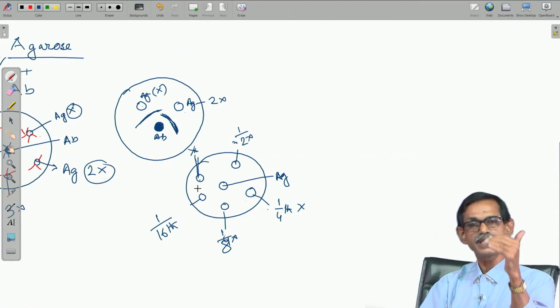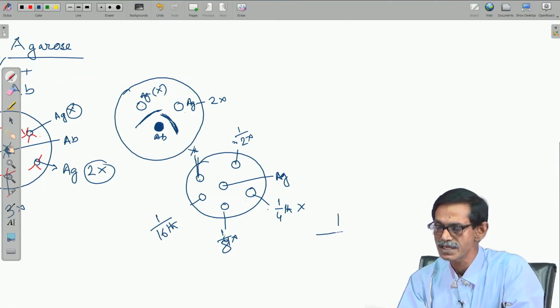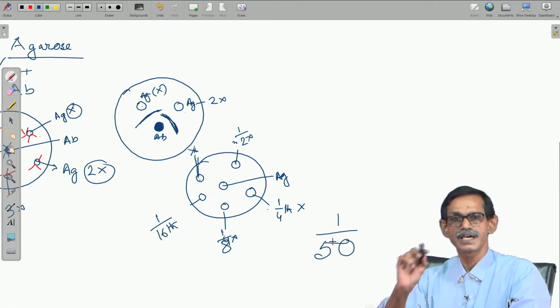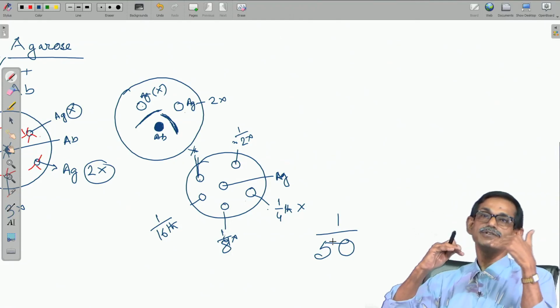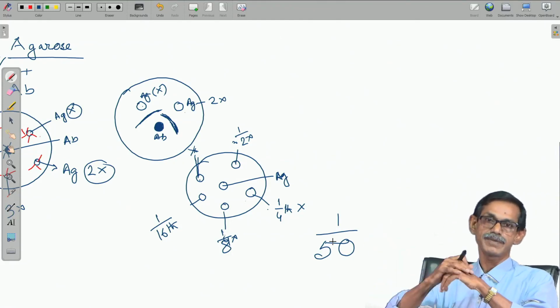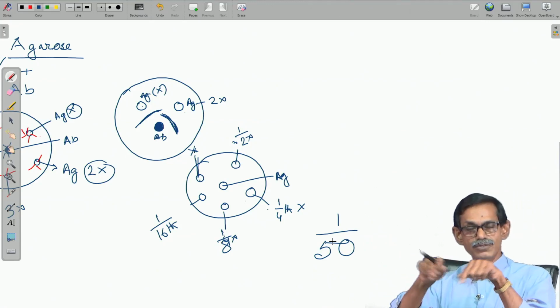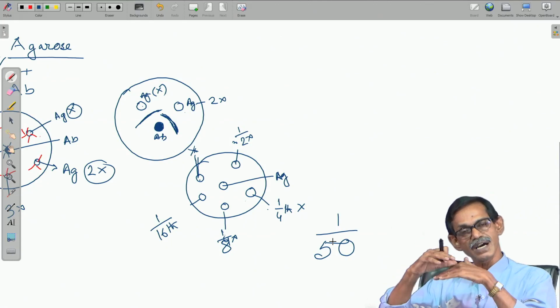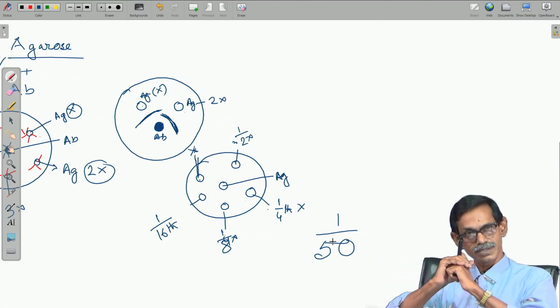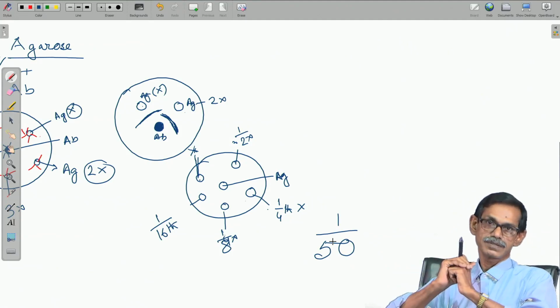Suppose you get a very faint precipitation line even at 1/50th dilution. That means your antibody amount in the serum is very good, because even after diluting 50 times, you are still getting a precipitation line. So, double diffusion can give you an idea how good your antibody amount is, and definitely whether antibody is produced or not, you can figure it out.